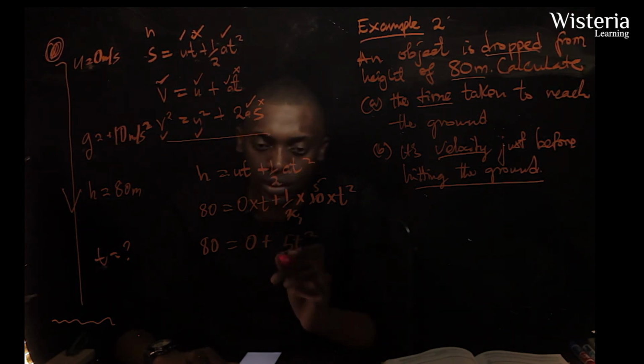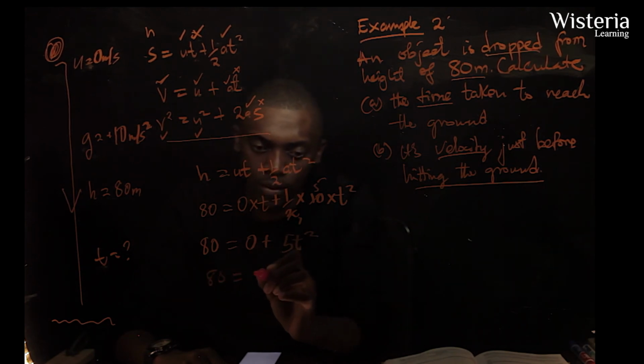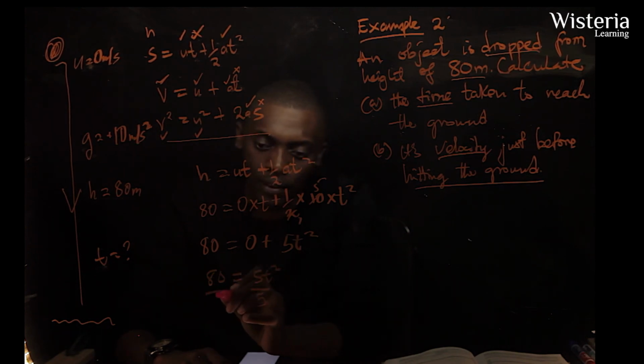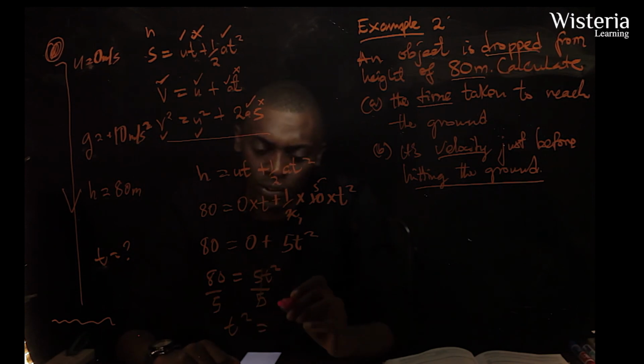At this point we collect like terms, which is the same as saying 80 equals 5t squared. Then divide both sides by 5. So our t squared will equal 80 divided by 5, and this will give us 16.